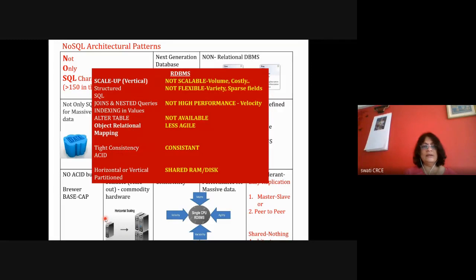And now for the agility part in case of RDBMS: nowadays, because of the popularity of object-oriented programming or component-oriented programming, we write our programs in the form of objects, or in the form of software components. Once a component is developed, we just define the interfaces, and the other components interact with this component through the interface.